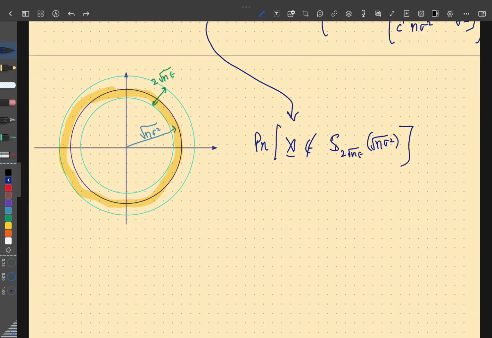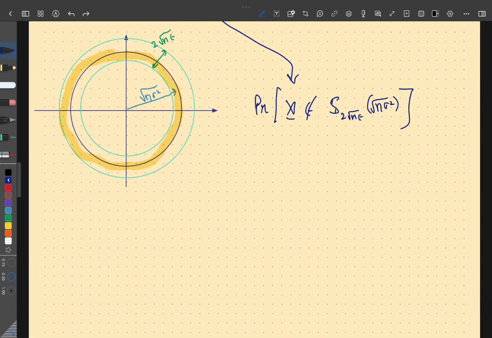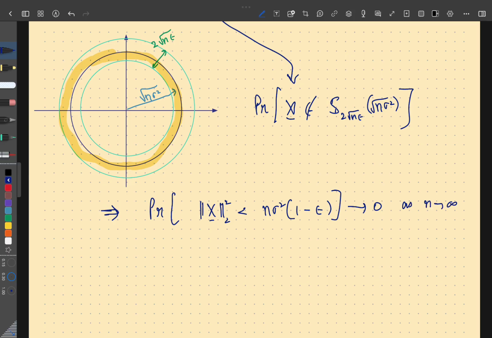Because effectively a corollary is that the probability that the L2 norm square is less than n sigma square times 1 minus epsilon tends to 0 as n tends to infinity.